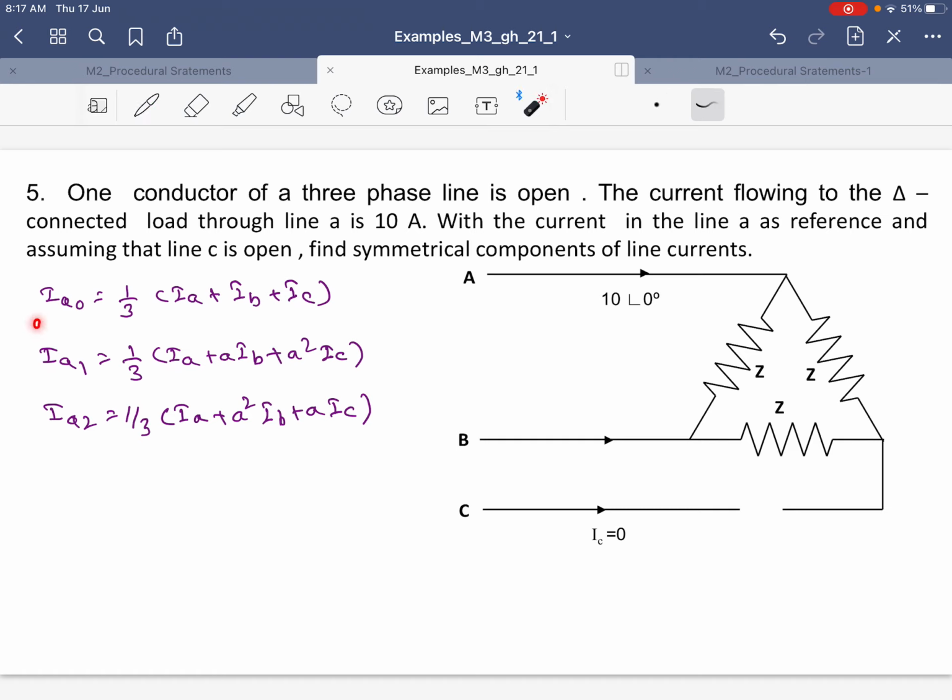To get the values of IA naught, IA1 and IA2, we need the values of IA, IB and IC.